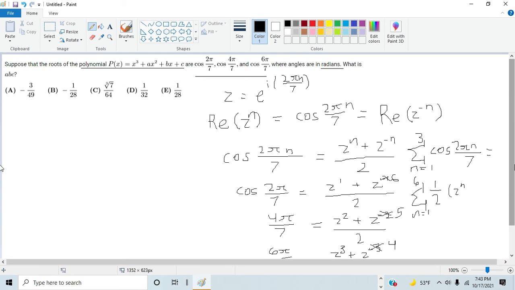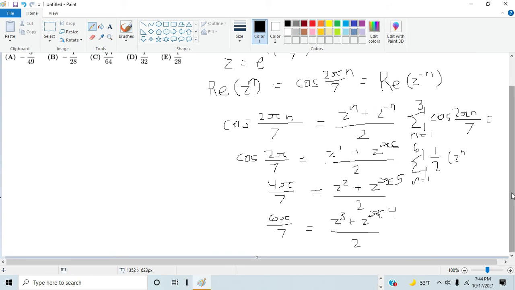So this tells us that cos of 2 pi by 7 plus cos of 4 pi by 7 plus cos of 6 pi by 7 is equal to 1/2 times the first seventh root of unity, plus 1/2 times the second seventh root of unity, all the way to the sixth seventh root of unity.